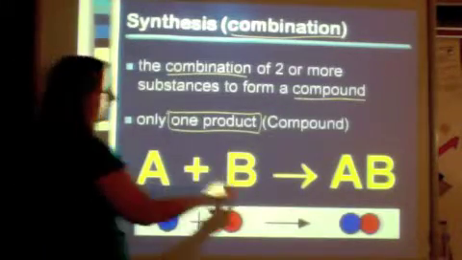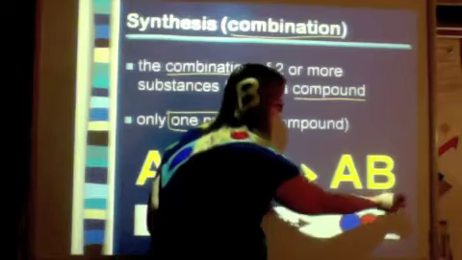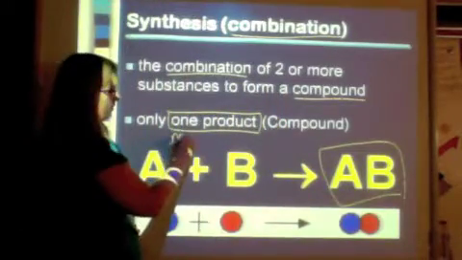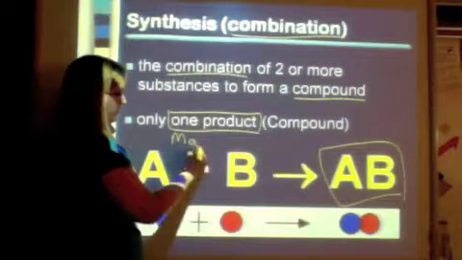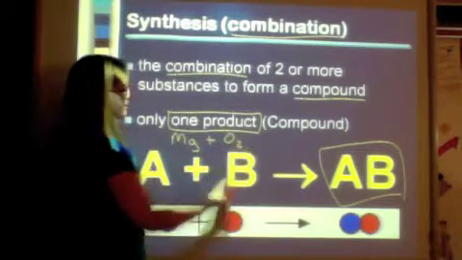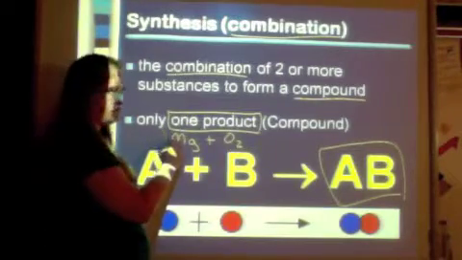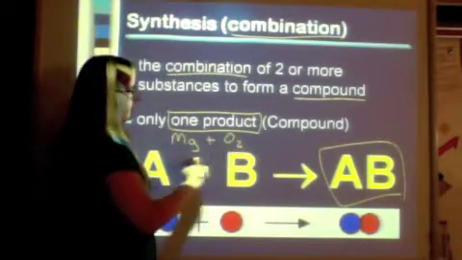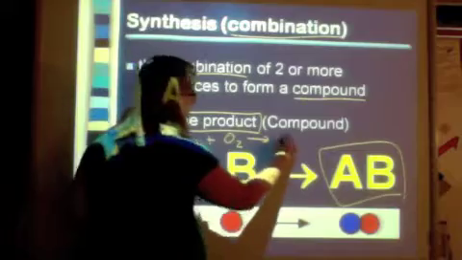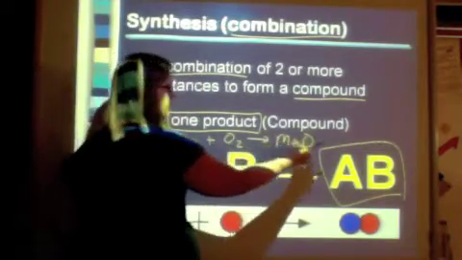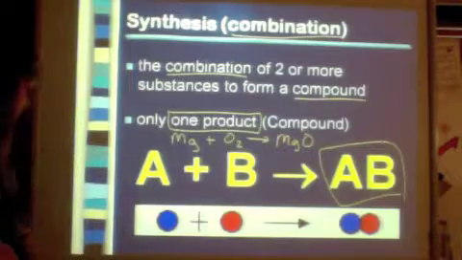So you take 2 single things and you form one compound. So for example, magnesium plus oxygen, when you burn magnesium, which when you burn something it reacts with oxygen gas, it's going to form MgO. So you're taking 2 things and forming one compound.